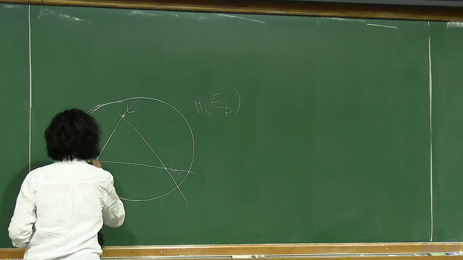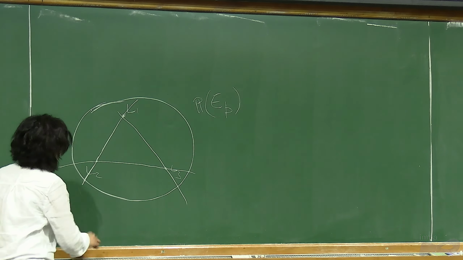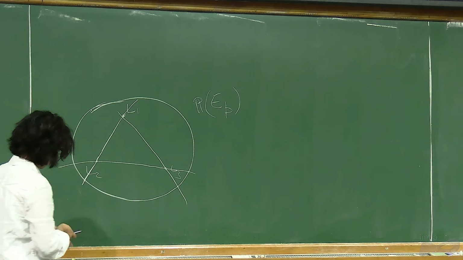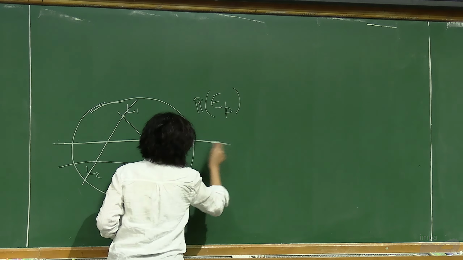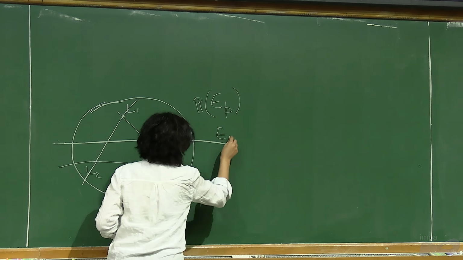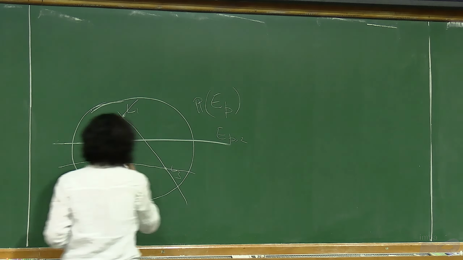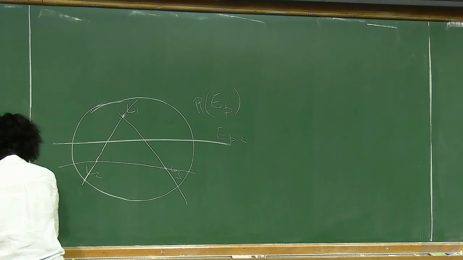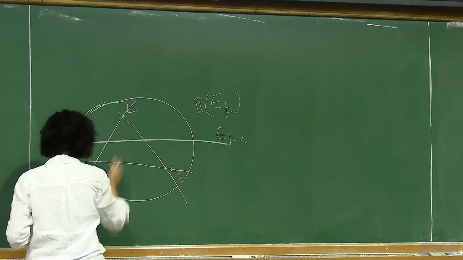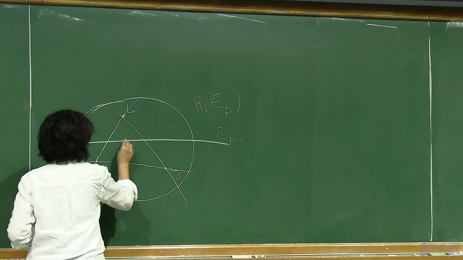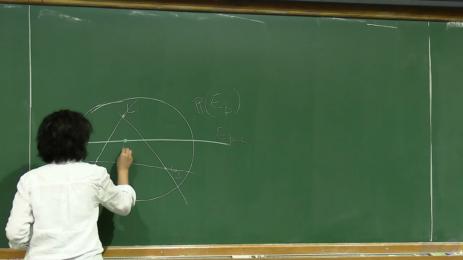My pictures are quite bad, so I always hesitate to draw them. But if I ask my flag, so this is E2, and maybe I should have drawn that in color, but never mind, and this is E3.